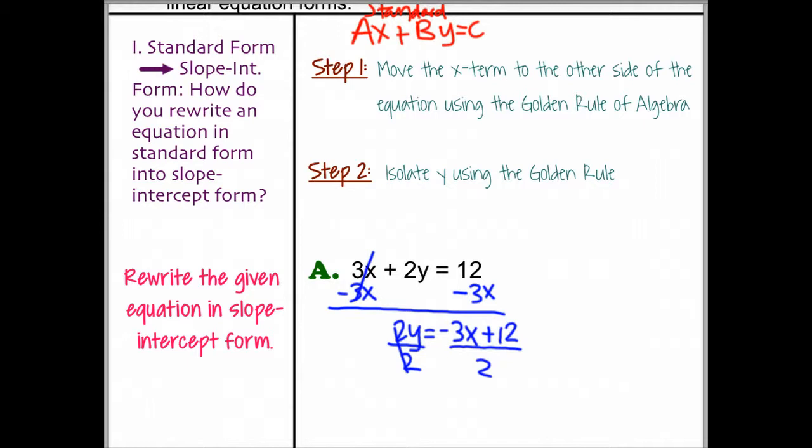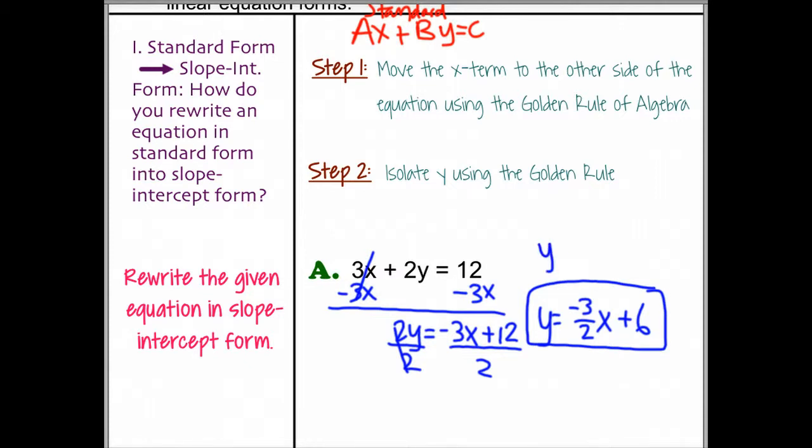So we get y equals negative 3 over 2x plus 6. That's written in slope-intercept form, y equals mx plus b.